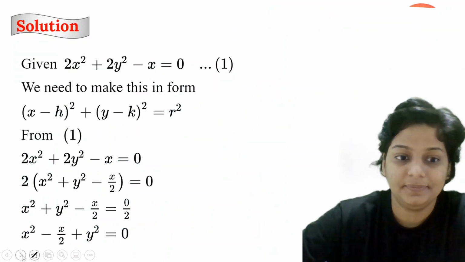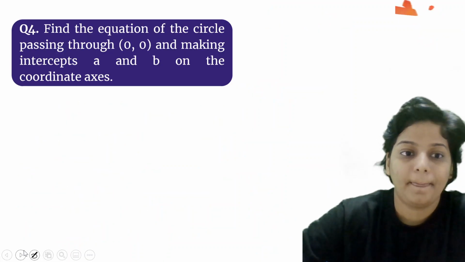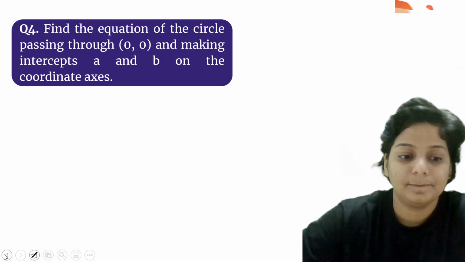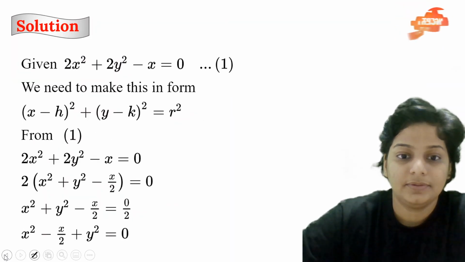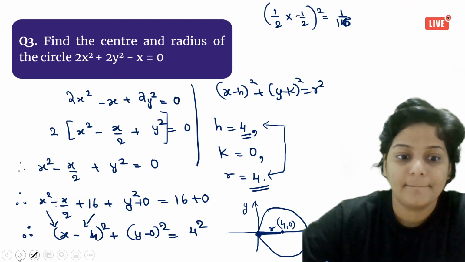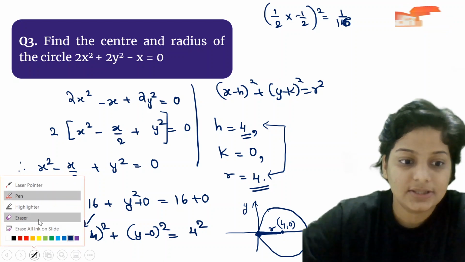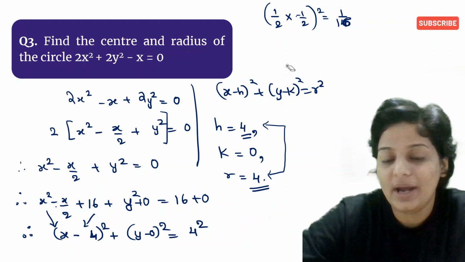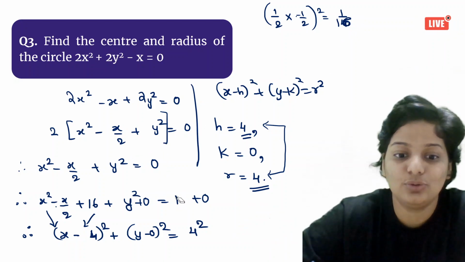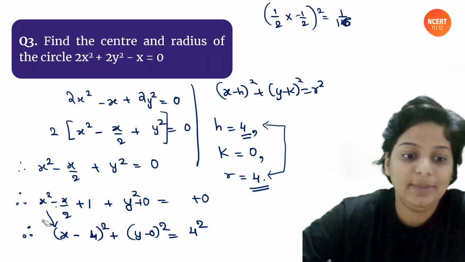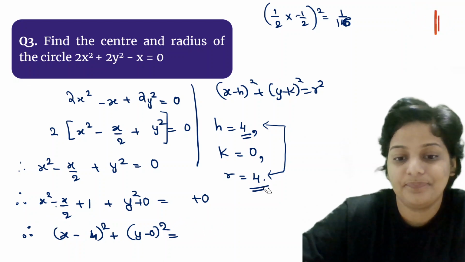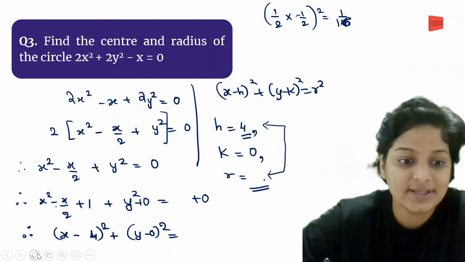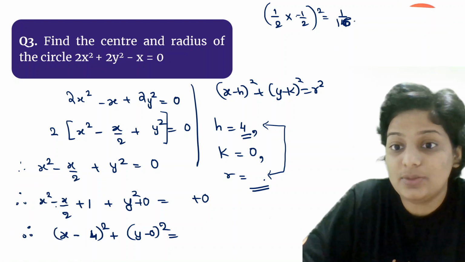Let's move ahead. Okay, just a second. I think we wrote here 1 by 16 and then we added 16 to both sides. So it's ultimately not 1 by 16, but it's okay, we'll make the changes. So it's 1 by 16.